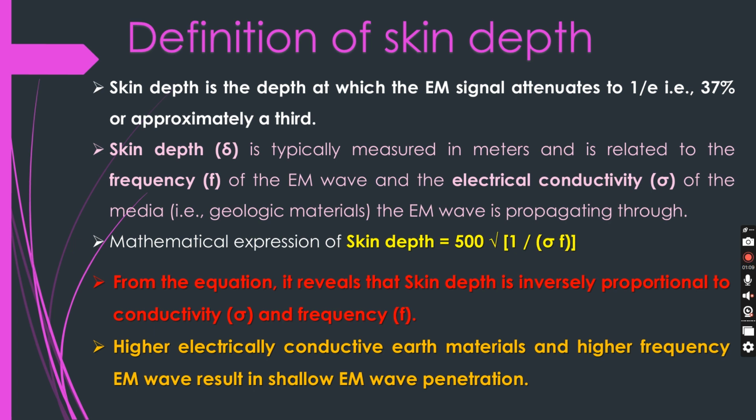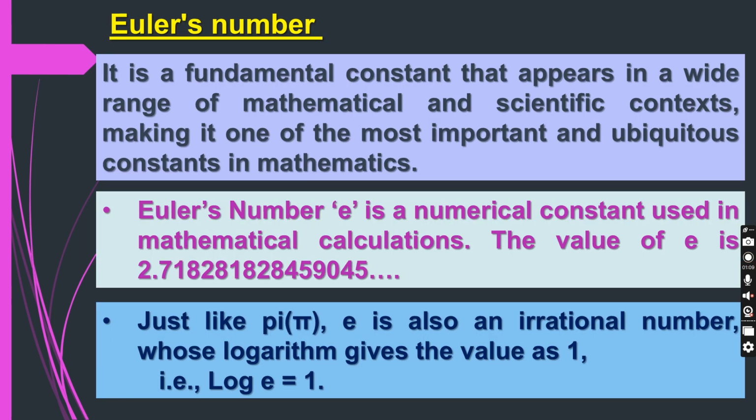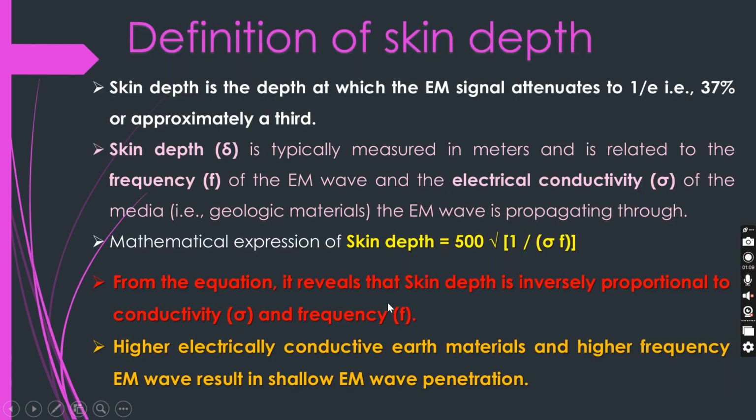So at the surface, if we consider the electromagnetic signal as 100%, then at a certain depth, when it becomes 37%, that particular depth is called skin depth. That is, 1 by e equals 37%.